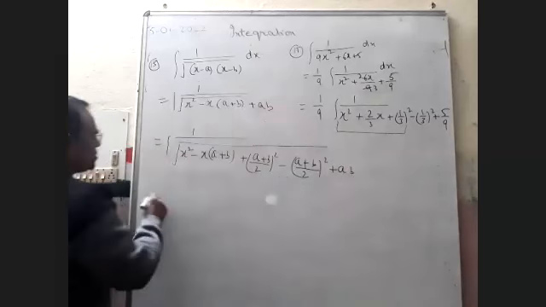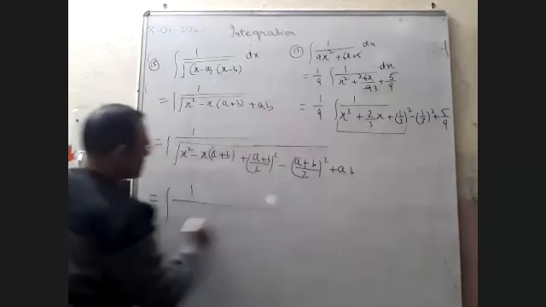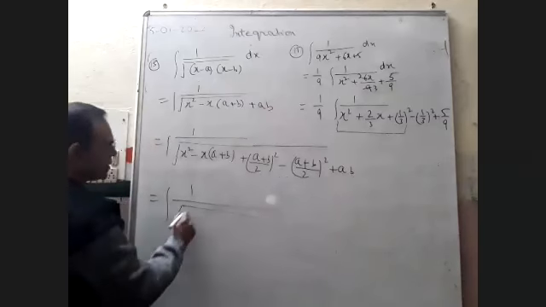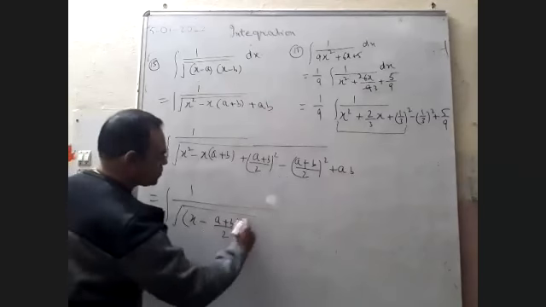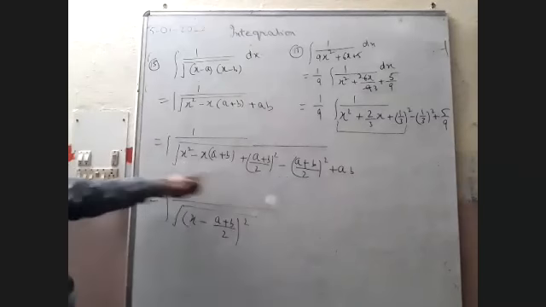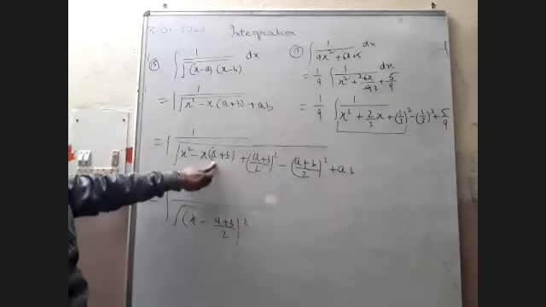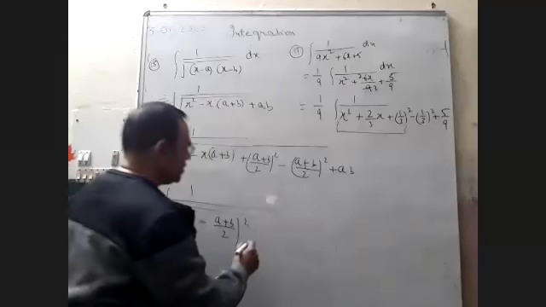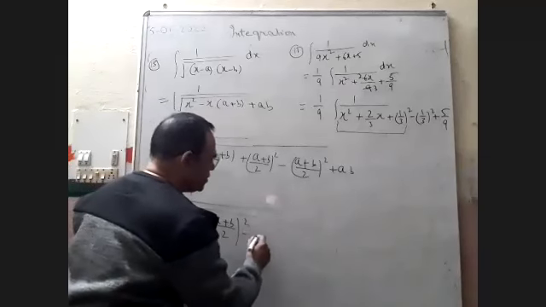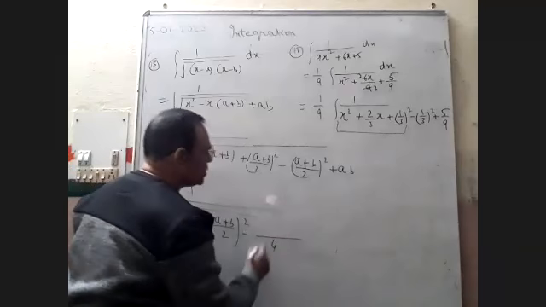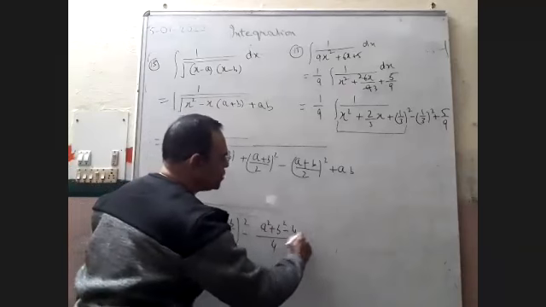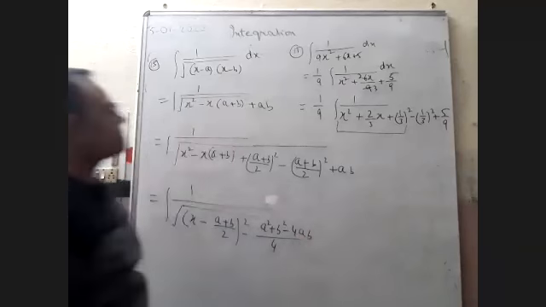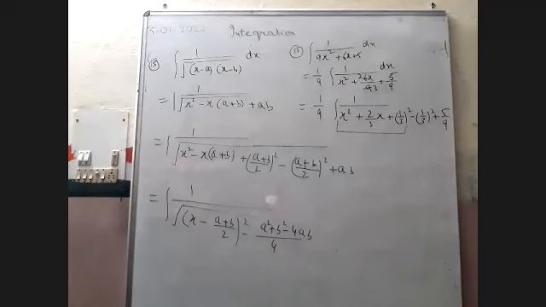Now it becomes x minus a plus b upon 2 whole square. Right? A square plus b square minus 2ab. These two terms we can simplify. If we take the minus common, what will happen? It becomes 4 here. It becomes a square plus b square minus 4ab upon 4.